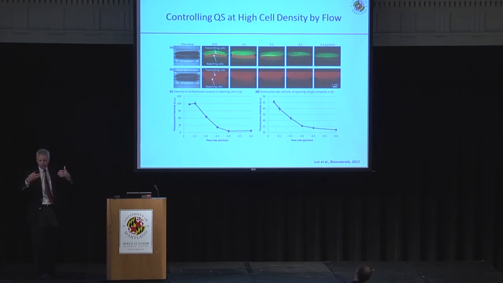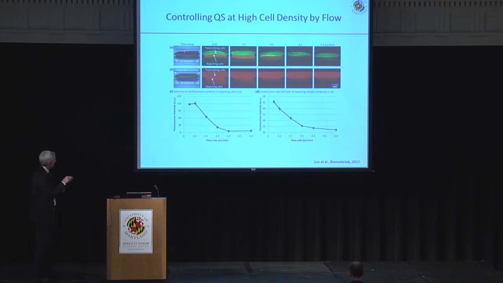And really what it is, is the signal molecule that actually increases. And so here, what Xiaolong did is set up two populations of cells on the top and bottom of a chitosan layer. The top layer of cells make green fluorescent protein when they're making autoinducer 2. And the bottom set of cells makes red fluorescent protein when they're perceiving the autoinducer 2.